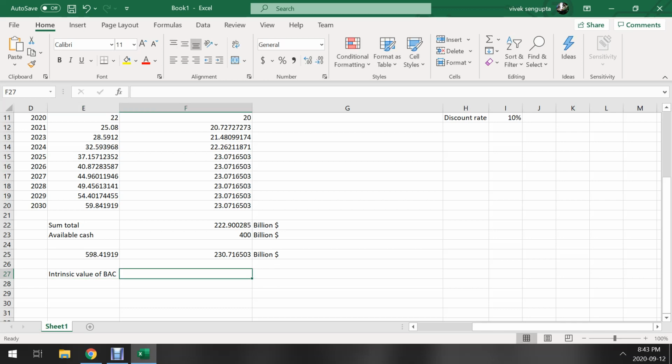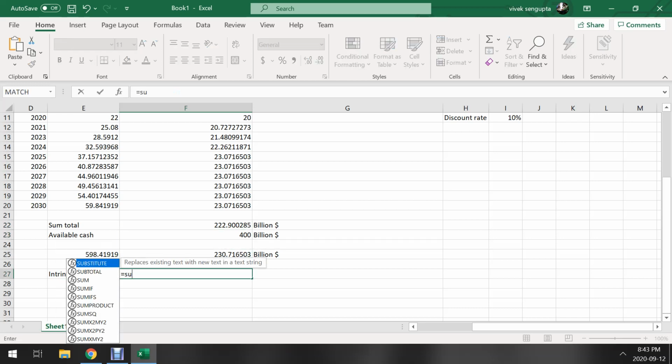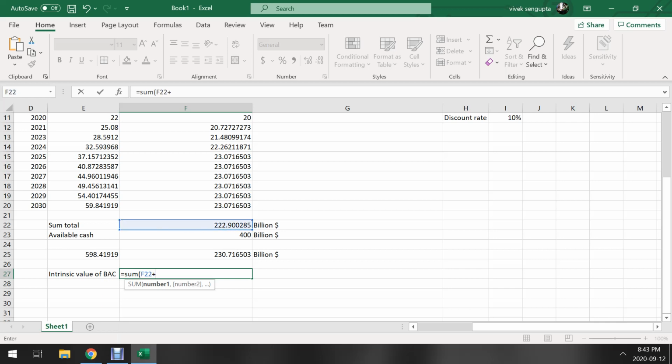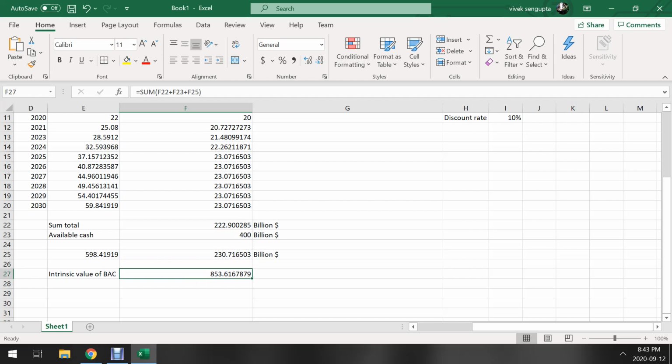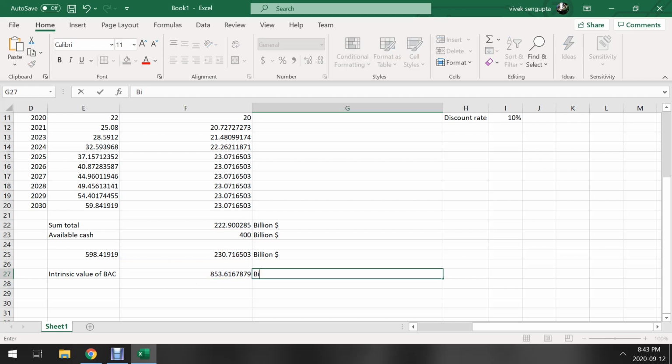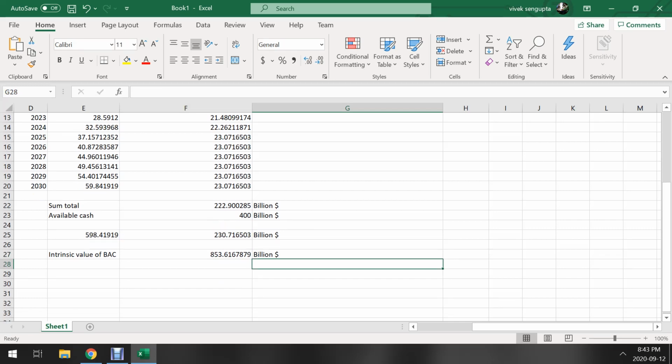It will be the sum of these three cash flows, right? So this plus this plus this. So that's that.